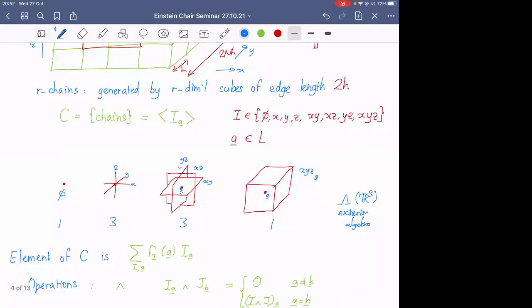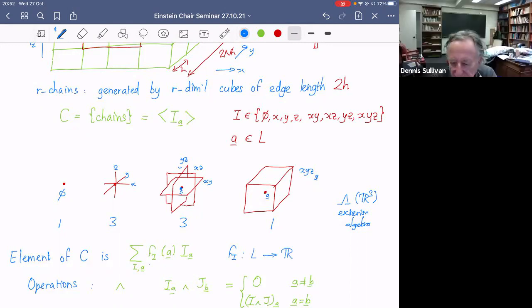So a general element of these chains is a linear combination of the cells by some scalars, given by these functions f_i. Here f_i is a function of A, in other words, a function of a lattice point, whatever you want your coefficient system to be.